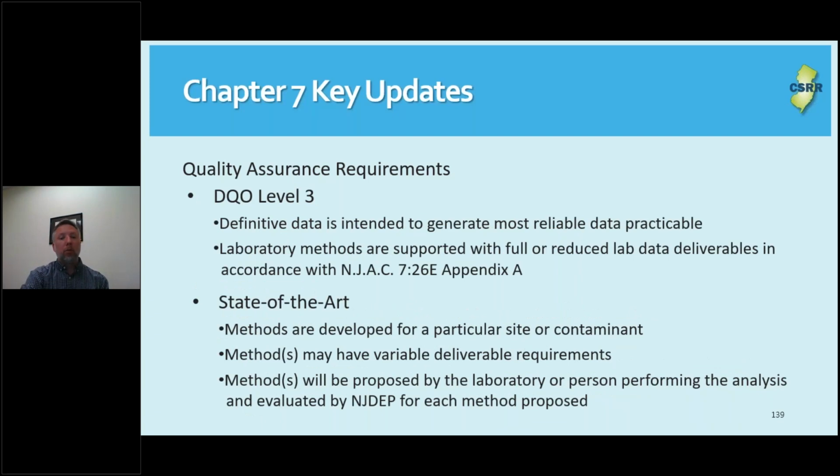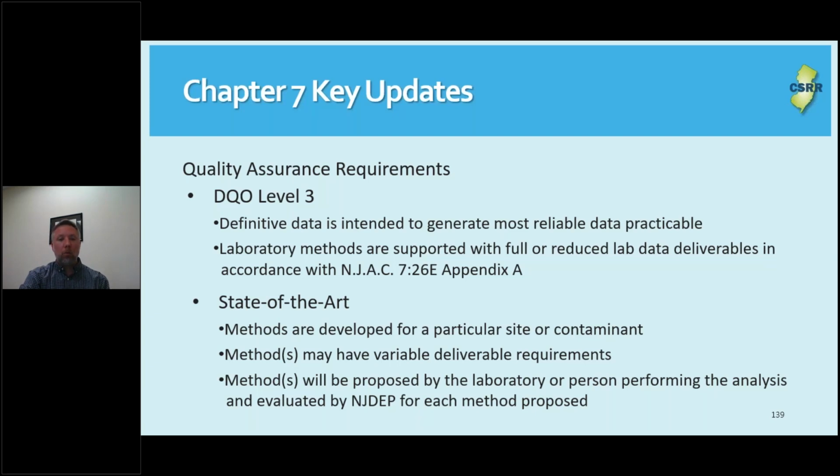On the DQO level 3, the definitive data, this is the most reliable and reproducible, generates laboratory analytical results with full or reduced data deliverables in accordance with Appendix A of the tech regs. That's typically what most people are accustomed to.